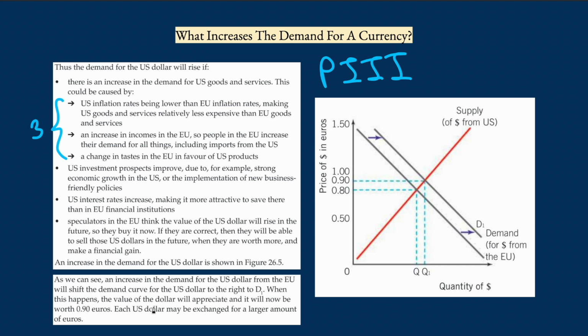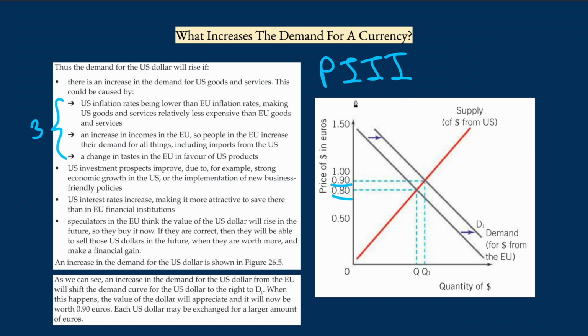And when this happens, the value of the dollar will appreciate and it will now be worth 0.9 euros. Remember from before, it goes from 0.8 euros to now 0.9 euros. Each US dollar may be exchanged now for a larger amount of euros. Hence, this shows exactly how the value of the US currency appreciates.